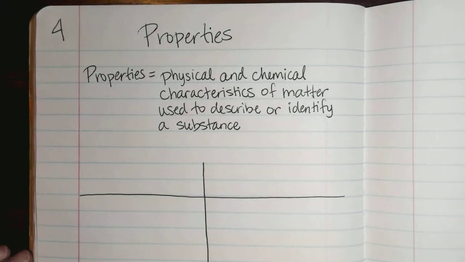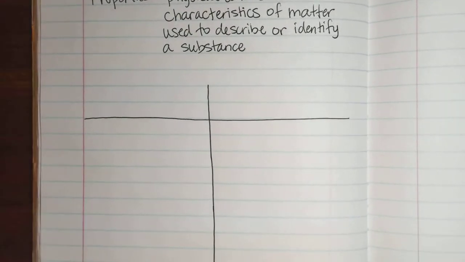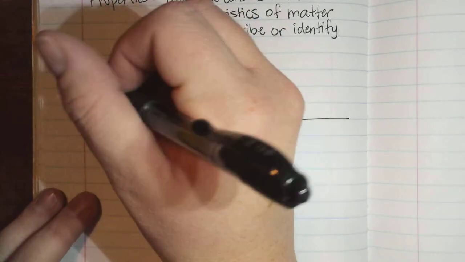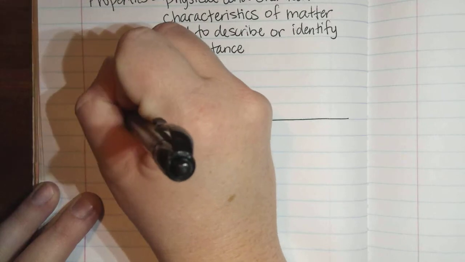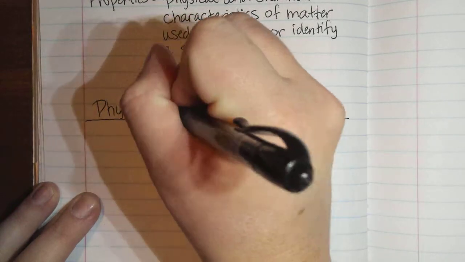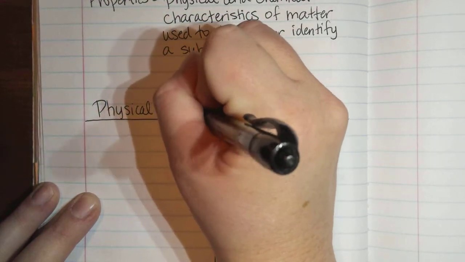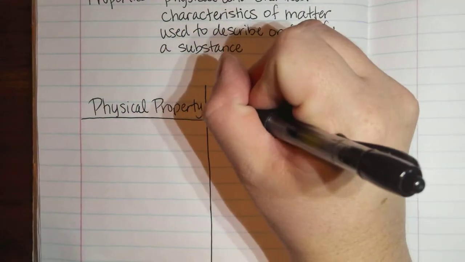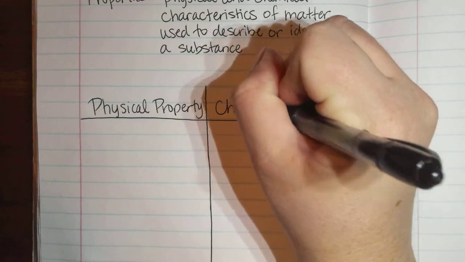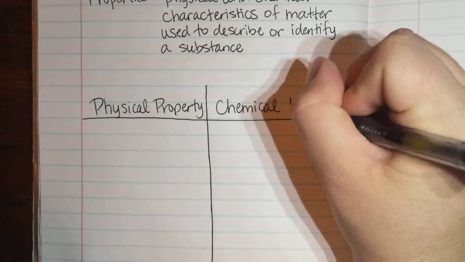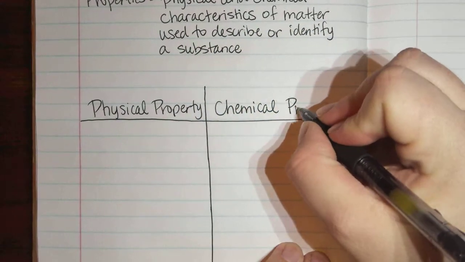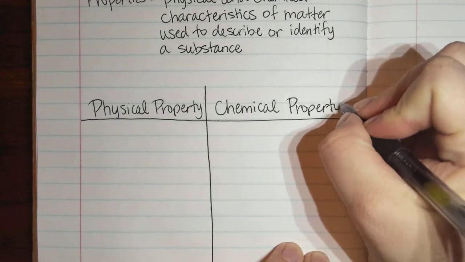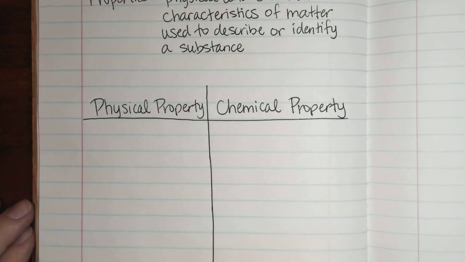On the left side, I'm going to talk about physical property. And on the right side, we'll talk about a chemical property.